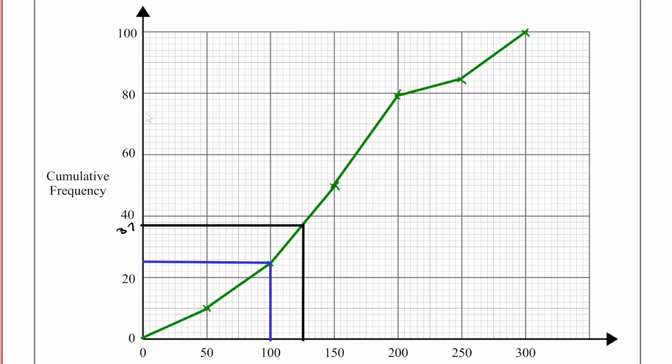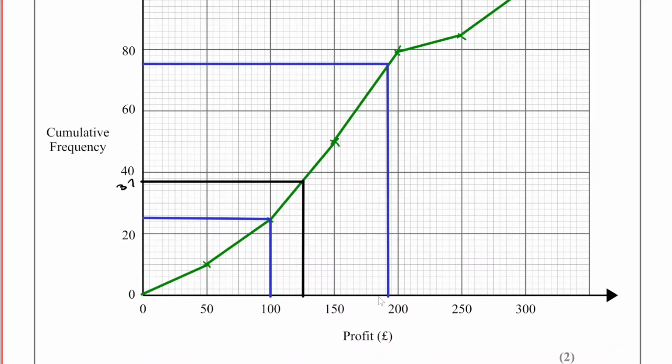The upper quartile, we want 75, along to the line and down. So somewhere in there. So let's read that off. Where is that?